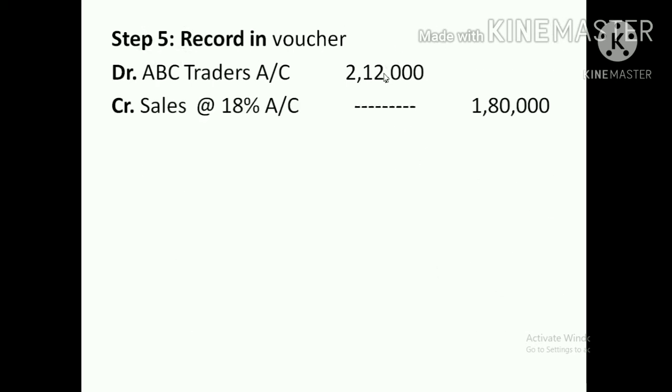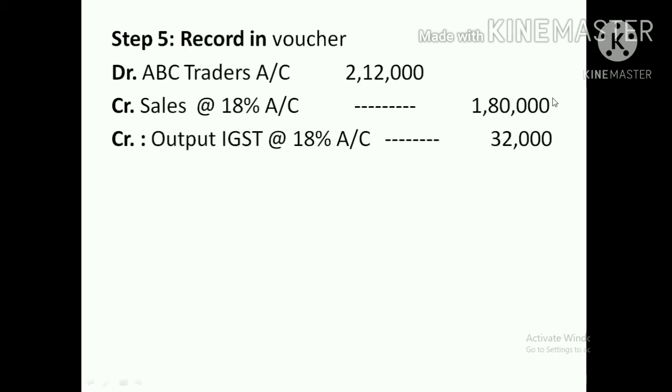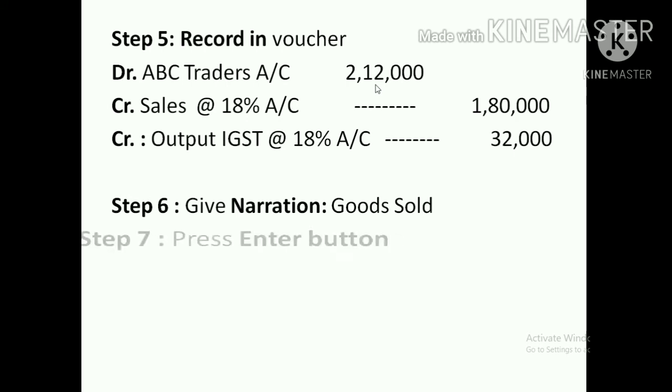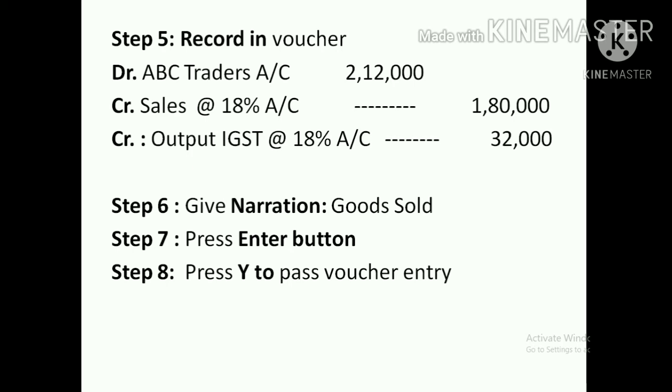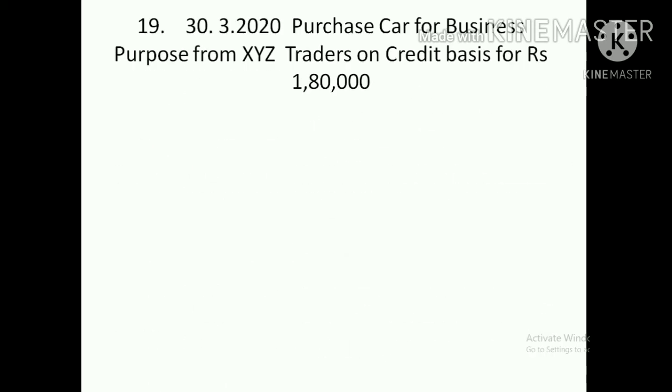Then next, sales at 18%, 1,80,000. Along with that, the company charges output IGST at 18%, calculated on 1,80,000, you will get 32,000. In total, ABC Traders gets 2,12,000. Then give the narration, press enter, and accept by pressing Y on your keyboard.